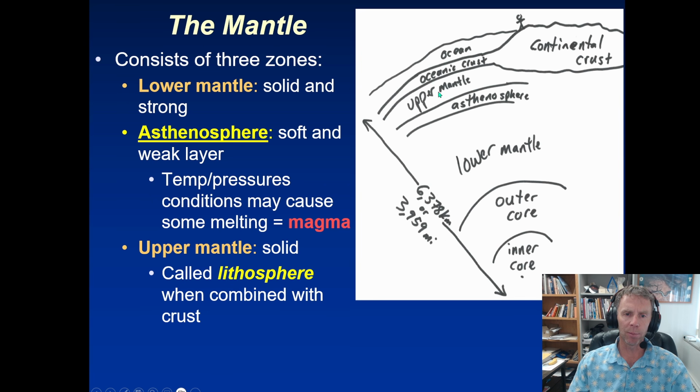A lot of times we combine the upper mantle with the crust, whether it's ocean or continental crust, and we call that the lithosphere. So the plates themselves, the things that are moving around and colliding and causing earthquakes and volcanoes in many locations, those are the lithospheric plates. So lithosphere refers to both of these layers collectively, and it's all sitting on top of the soft, squishy, weak layer called the asthenosphere.